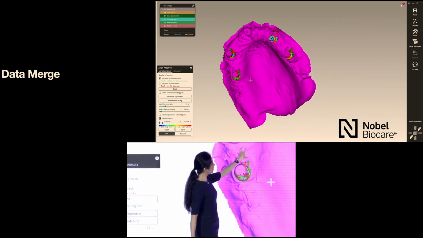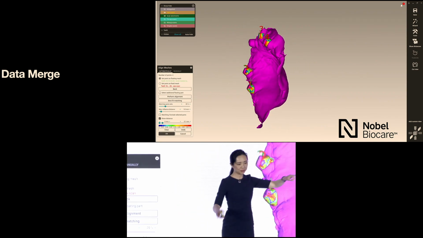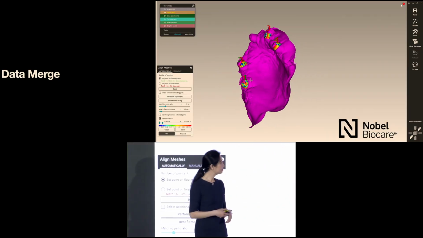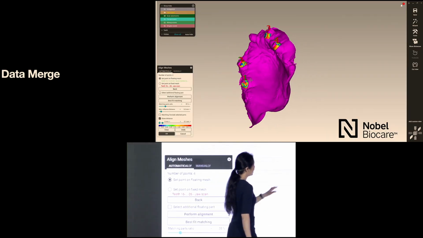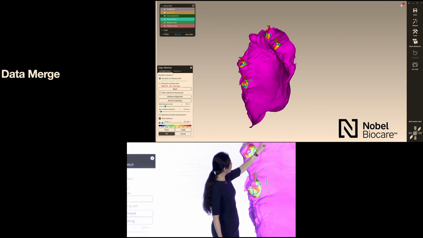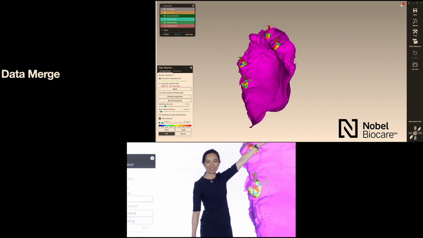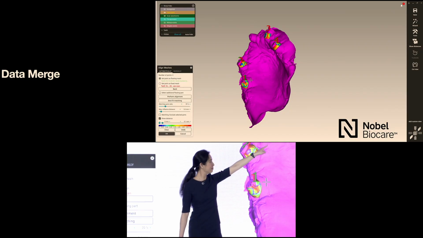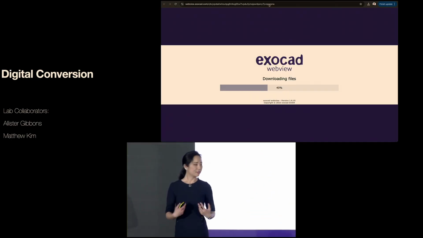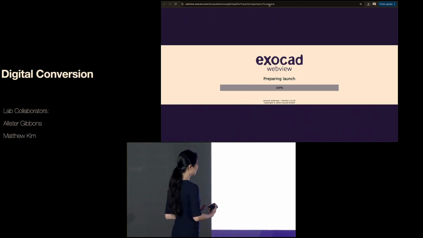And the more blue you see is more fidelity between the 2 data sets. So you'll see here that if we were to just rely on the denture scan and say, okay, let's convert that, you would have wound up with maybe 1 screw that's fully passive, and 3 of them would have been misseating. But with this data, it's sufficient to move forward with the design.